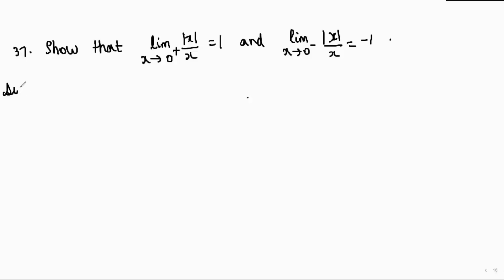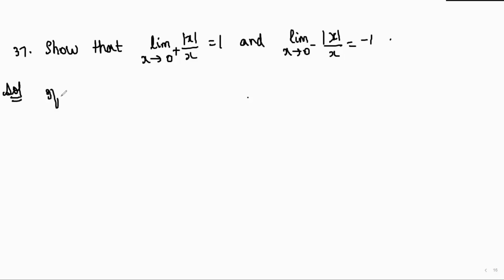Now take this question. Show that the limit as x tends to 0 plus of mod x by x is 1 and the limit as x tends to 0 minus of mod x by x is minus 1. We use the definition of modulus here.